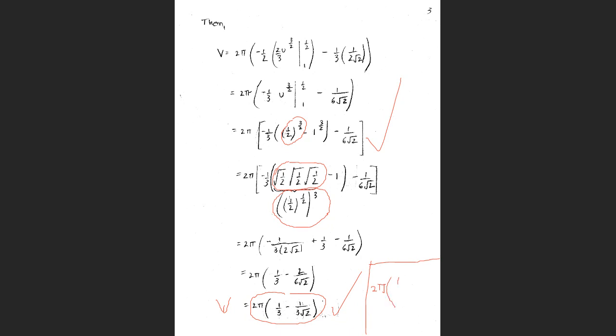I mean, let's say your exam 3, which will be posted later this week. Let's say you did a problem and you got as your answer 2 pi times the quantity 1/3 times the square root of 2 minus 1/3.